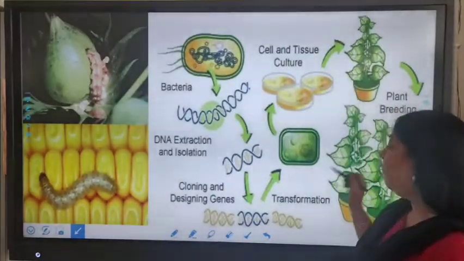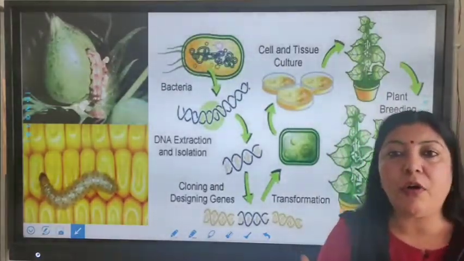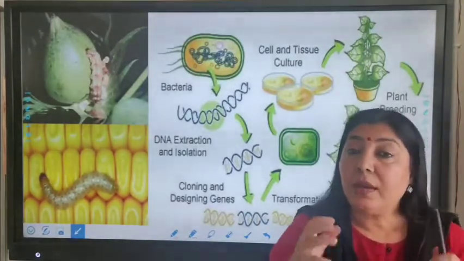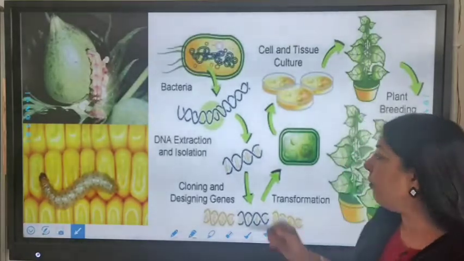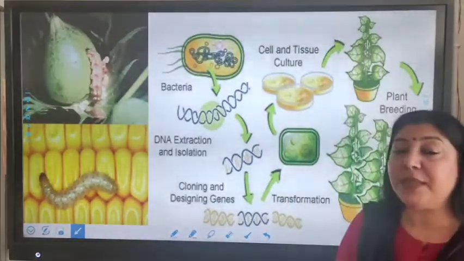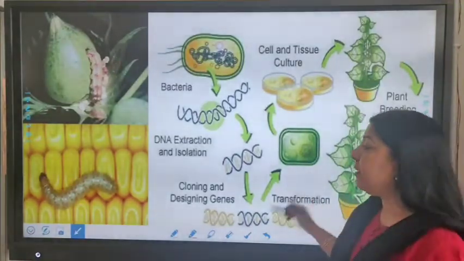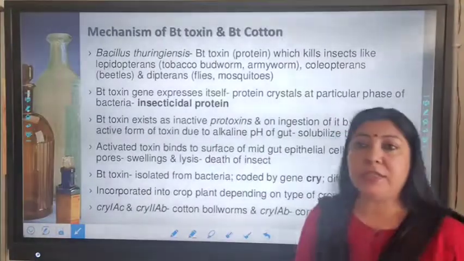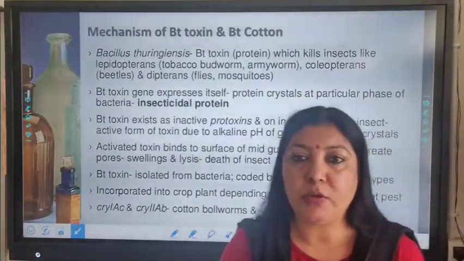These plants will be transformed plants. They will have the ability to express resistance against the bollworm. So in this way, without using pesticides, we can make this plant resistant to that particular pathogen.